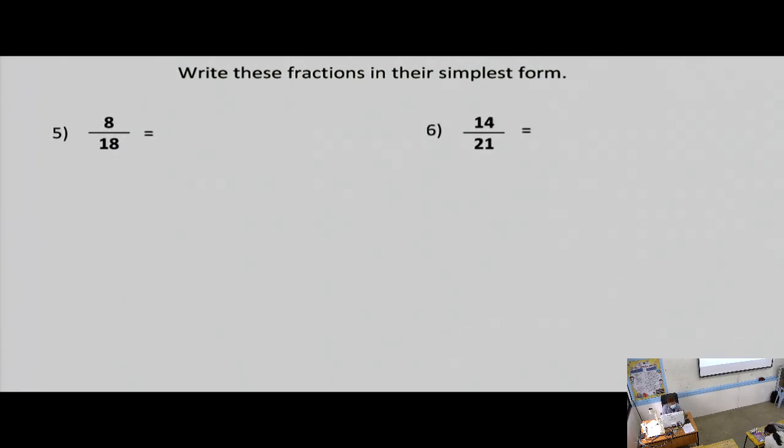8 over 18. What is the simplest form? Anyone? 8 over 18. Hey, mister, you again. Stand up. What's the answer? 8 over 18. What is the simplest form?